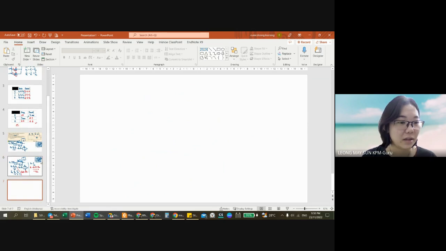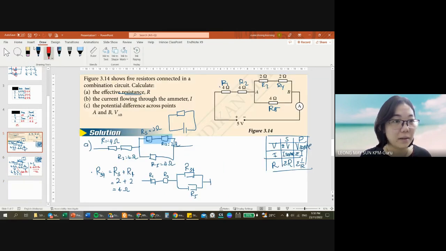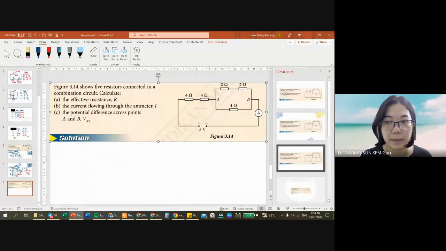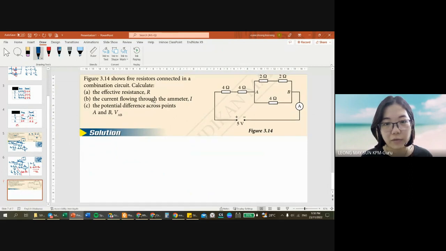Okay, so the next question that the textbook asks us to find is the current flowing through the ammeter. We know from just now our calculation of effective resistance is 10 ohm. Now they want to know the current flowing through the ammeter, and the ammeter is here. How do we know which current we are calculating?